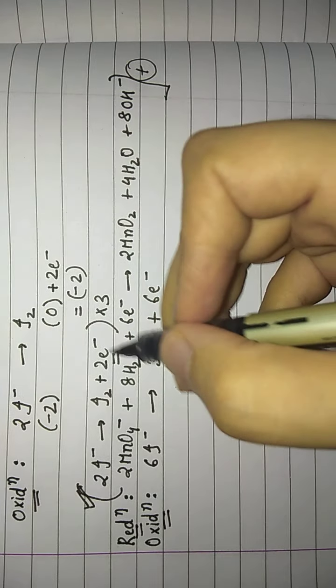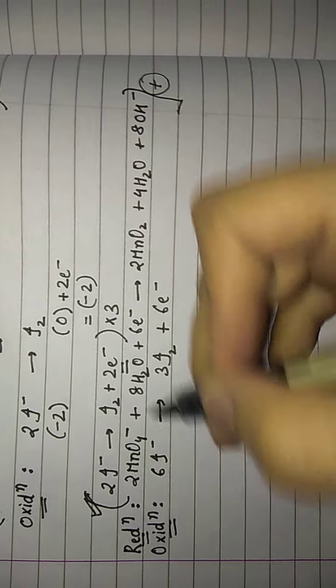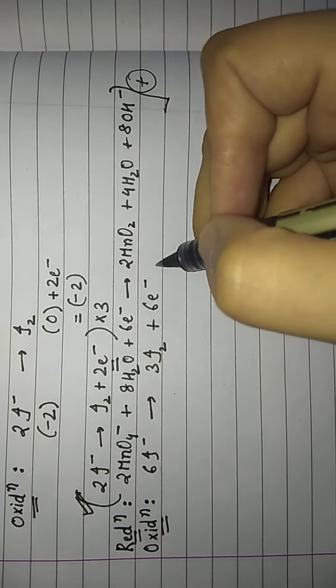The last step is addition of these final balanced equations. So I add the left hand side of this equation to the left hand side of this equation and the right hand side to the right hand side.